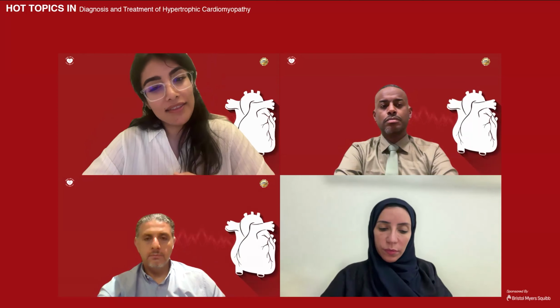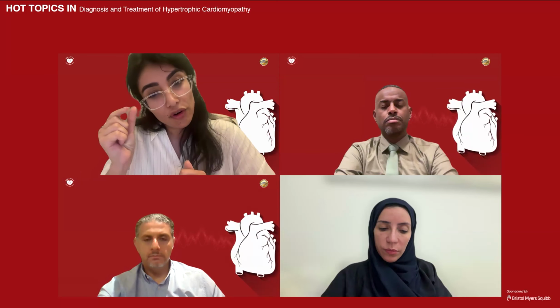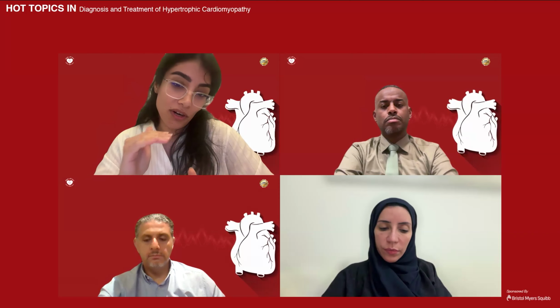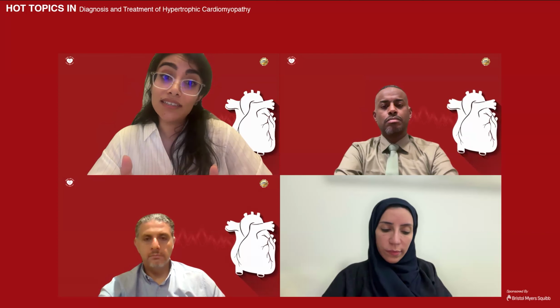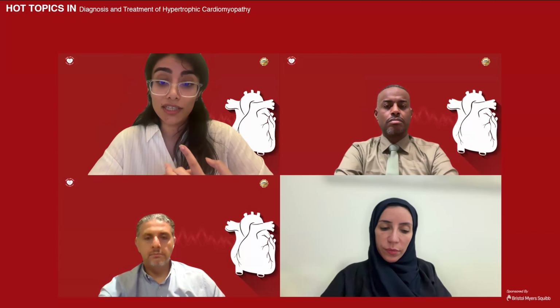But sometimes it's not that obvious. Sometimes you pick it up on the LVOT view, where you can start to see that inferolateral wall that's more prominent. If I do see that, then I try to focus on getting additional slices through there so I can measure the maximal wall thickness. It goes without saying that in all of these cases I include mapping, so pre-contrast and post-contrast mapping.